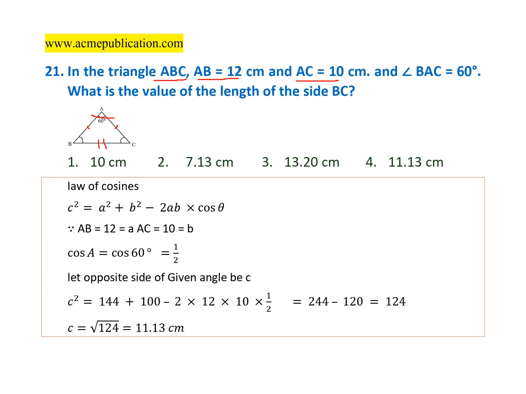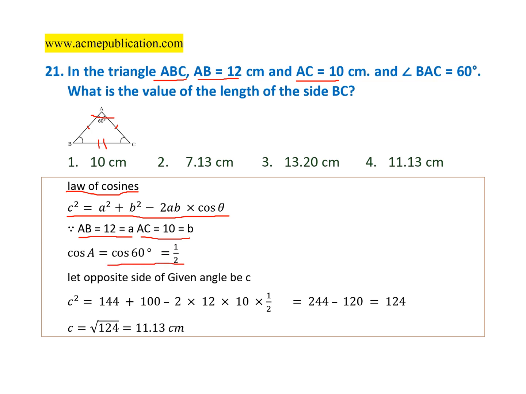In this question we will use the law of cosines, which is C square is equal to A square plus B square minus 2AB into cos theta. Here A is equal to AB, which is 12, and AC is equal to B, which is 10, and the cos theta is equal to cos 60.